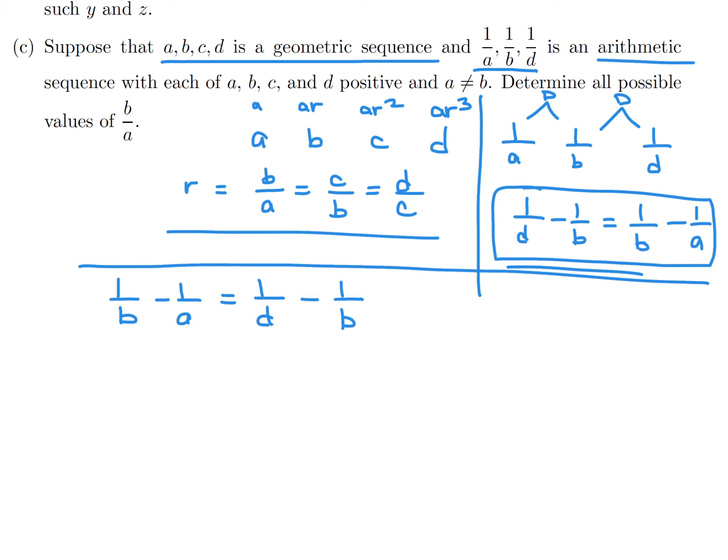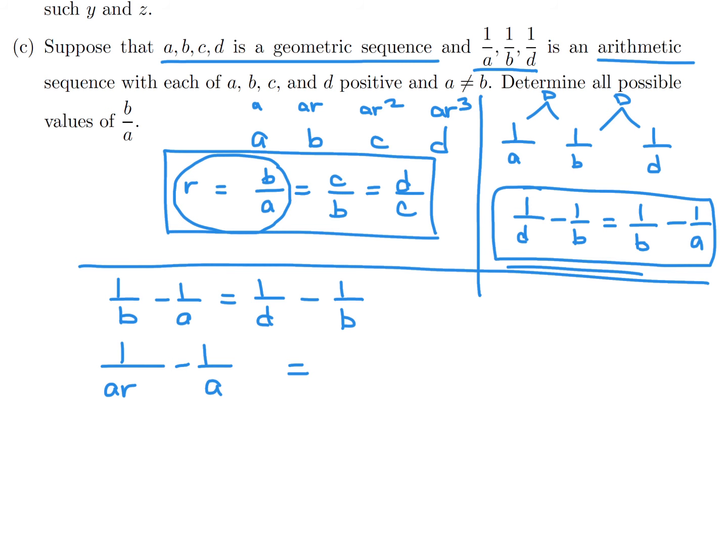And then what I'm going to do is just write the basic definitions. So if you look at this guy here, B is AR, right? If you just look at these guys, B is equal to AR. So let me just write that in AR. I'm attempting to sort of get rid of some variables here.